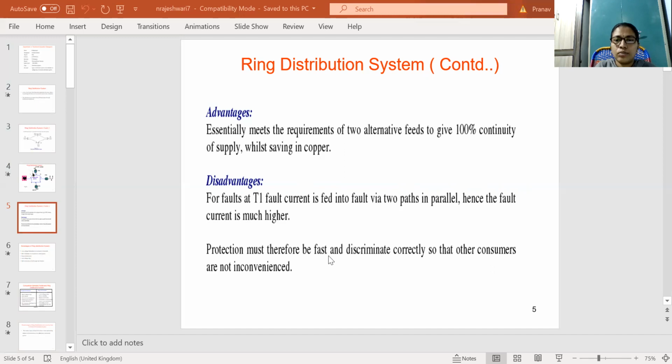Because if any supply is cut off, consumers will be inconvenienced without protection. By taking protection against faults, the other consumers will not be affected by the fault currents.